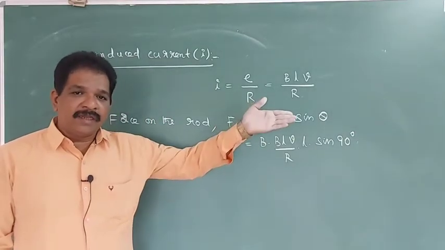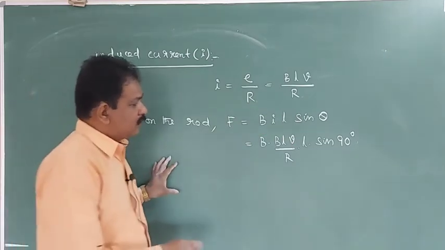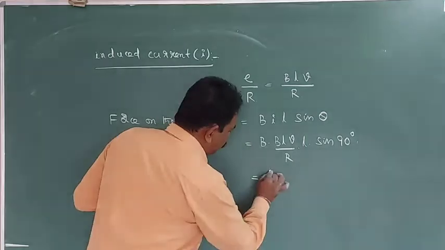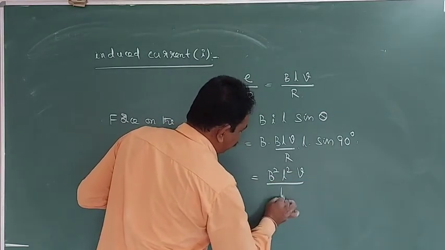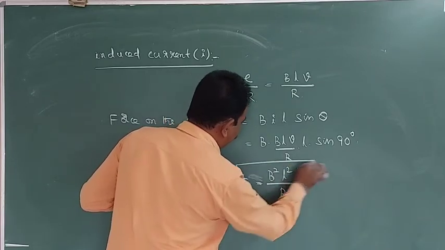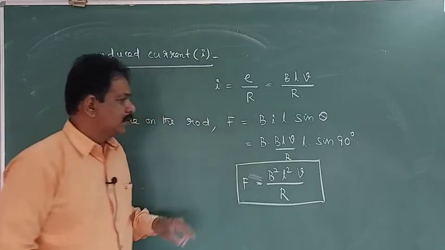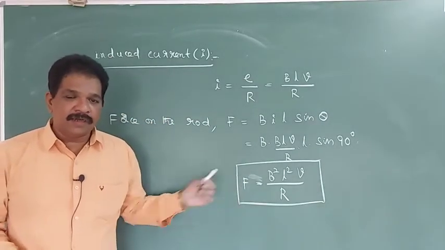The angle between magnetic field and length will be 90 only. So this value is B square L square V by R. This is the formula for force: B square L square V by R.